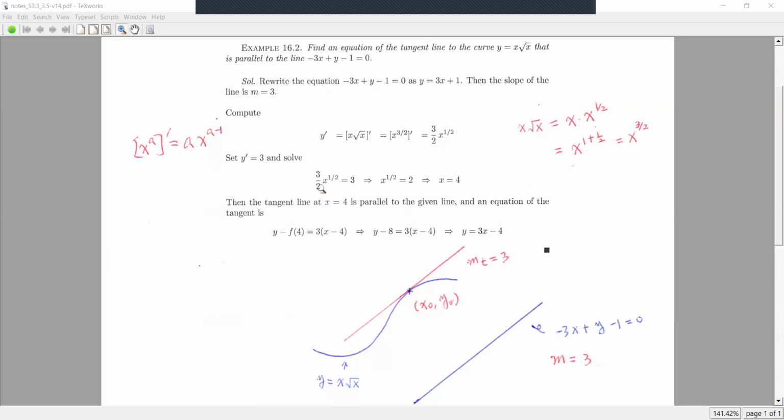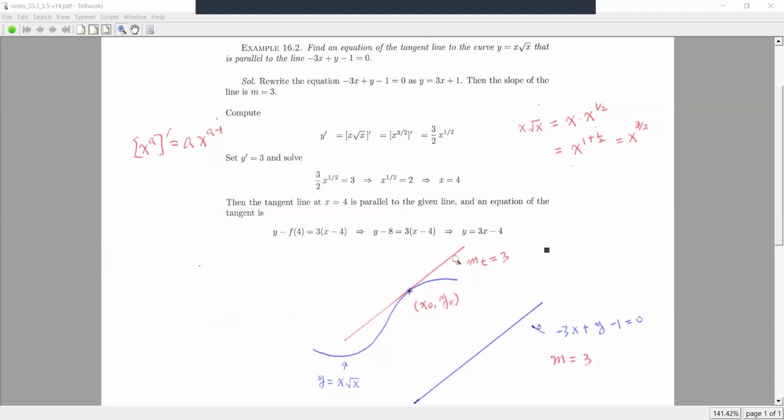Move 3/2 to the right side, then we have this equation. Take the square on both sides, then x is 4. So this point, the x coordinate is 4. The y coordinate is the function value at 4.